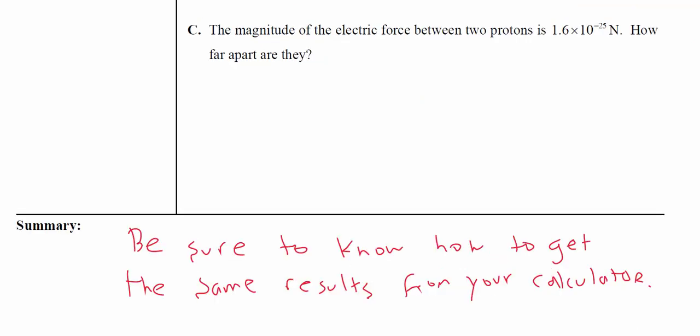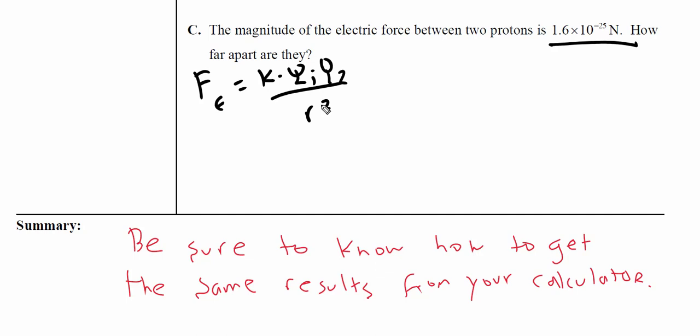Now we want the magnitude of the electric force between two protons. They gave us the force. Notice this is in newtons. How far apart are they? So recall we have Fe is equal to KQ1 Q2 over R squared. We want to get the R squared by itself. Some of you still struggle with this algebra task.